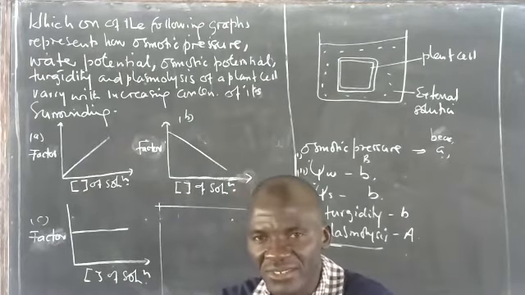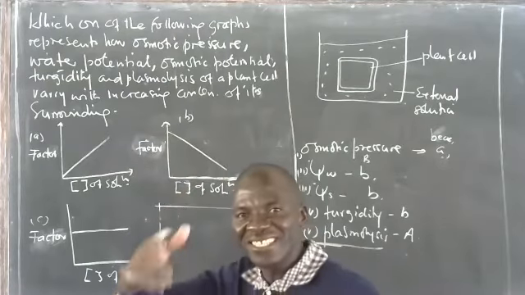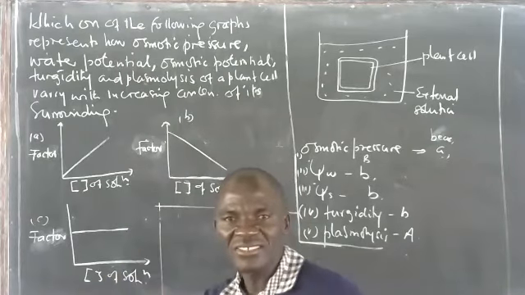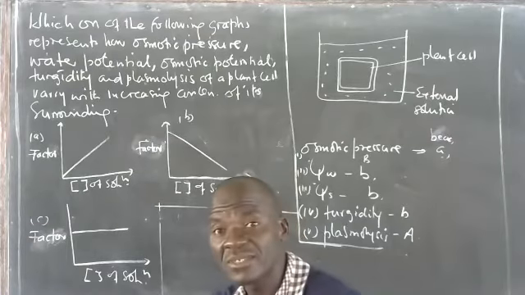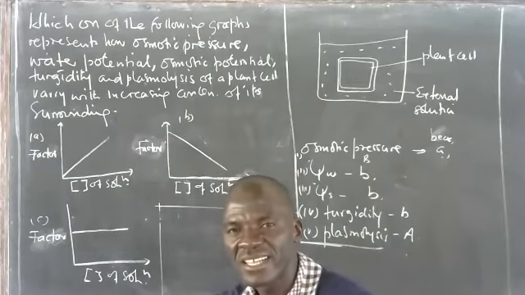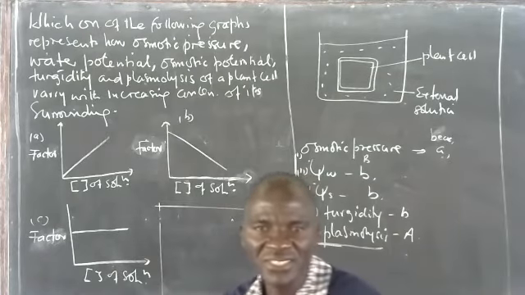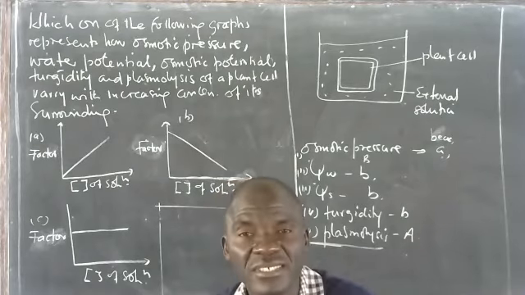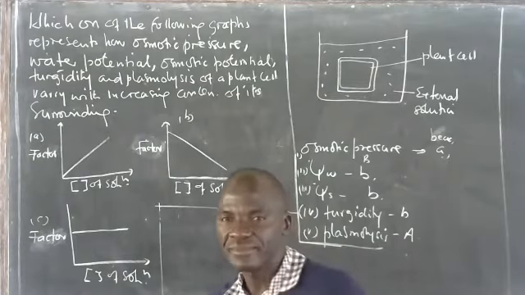The lower the concentration, the higher. And the relation is inversely proportional. The higher the concentration, the lower the water potential, the lower the solute potential. The lower the concentration, the higher the water potential, the higher the solute potential. They vary the same way.